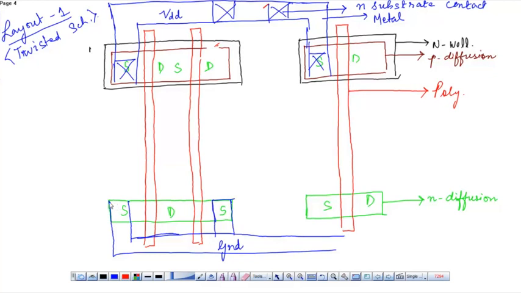This is the metal layer. This is another contact. So now this is the source which is grounded.